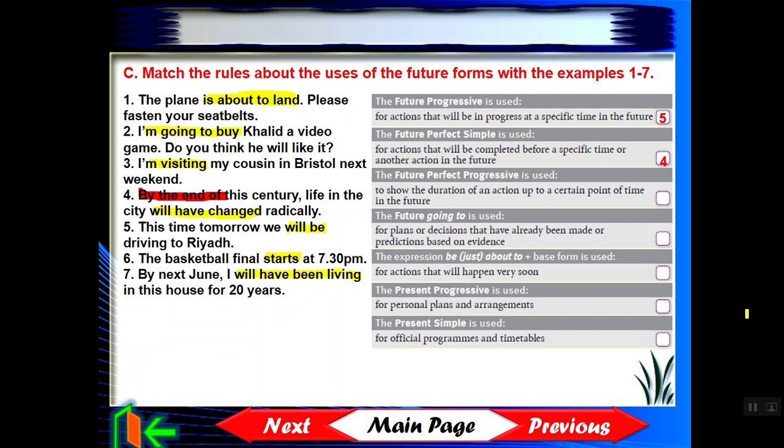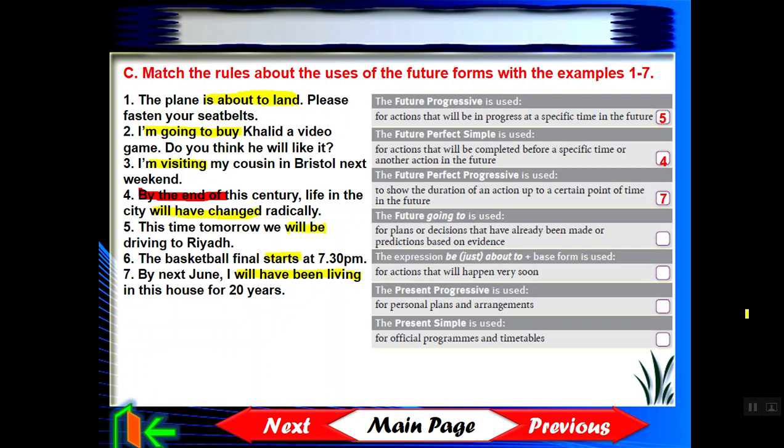So here it is future, and you want to show the duration, al-fatra, how long it takes up to a certain time. The answer is number 7. By next June, I will have been living. So you are talking about two things. Next June, and you will do this for a period of 20 years.